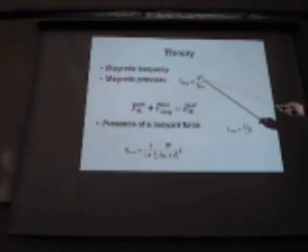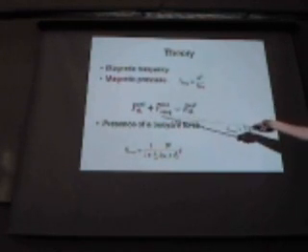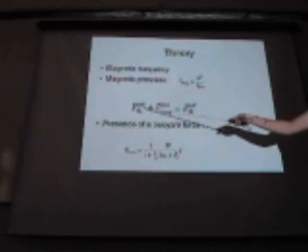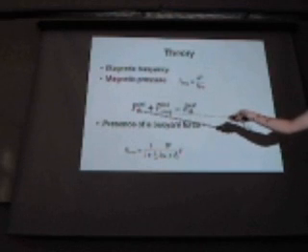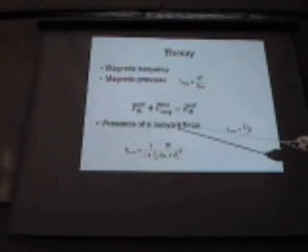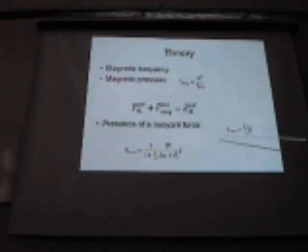So if there is a strong magnetic field, this term will increase. This one will always be the same, so this one has to decrease. And if the thermal pressure decreases, it means that the density will also decrease, and there will be a buoyant force. The acceleration will be like this.